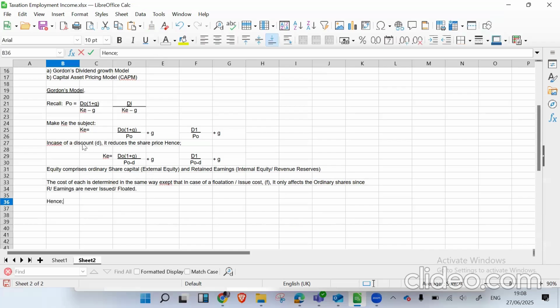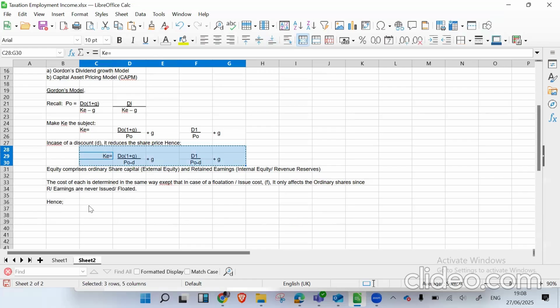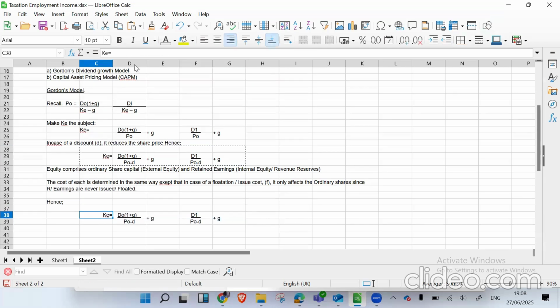So hence, kama tuko na flotation cost, we shall have 2 KEs. We shall have the KE of ordinary shares, which will have the flotation cost.